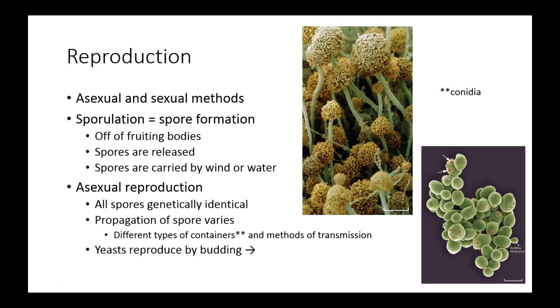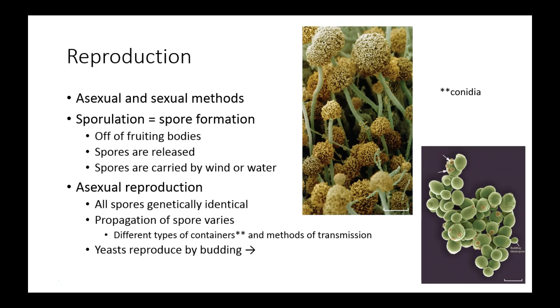As far as reproduction goes, this will be a common theme with a lot of different organisms that we talk about: they have asexual methods and sexual methods. Basically, asexual means that you have one organism that has a certain set of DNA, and that DNA is going to get copied exactly and passed on exactly as is.